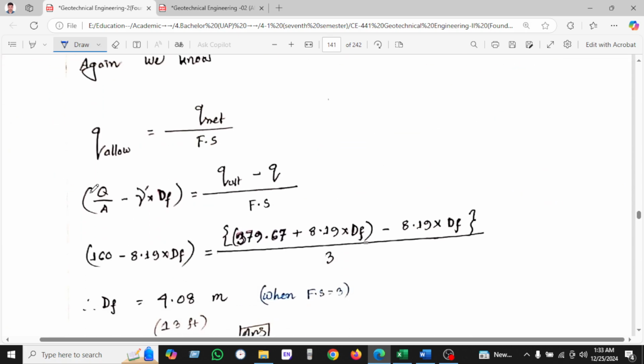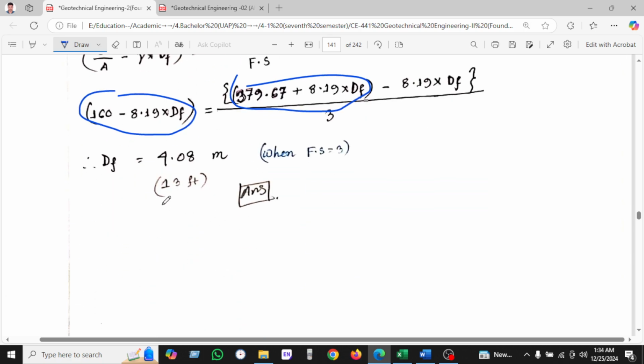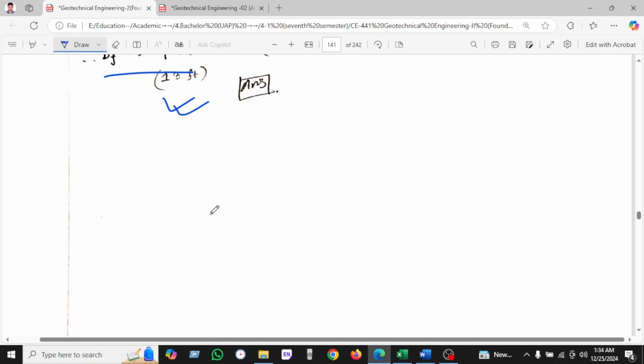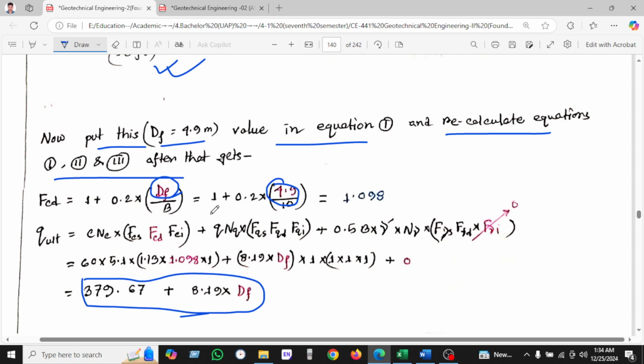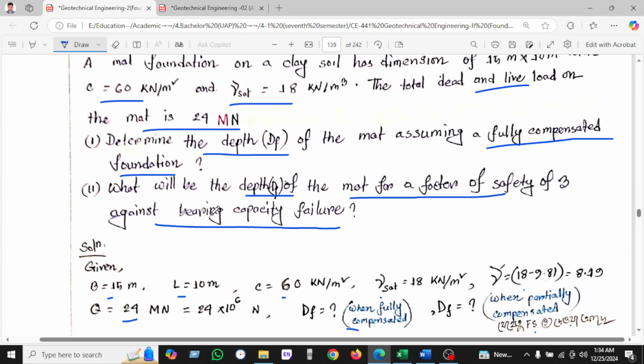So again we will use q allowable equal to q net, which we have found from this equation, and the ultimate equation is here, and we found a depth of footing of 4.09 meters. So this is the answer. This is a reasonable answer.